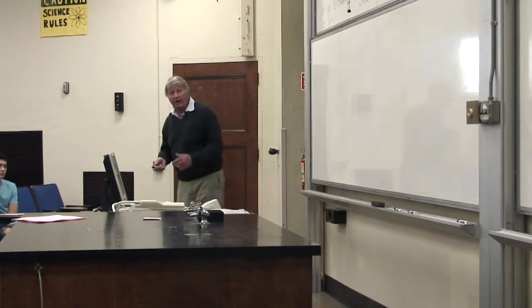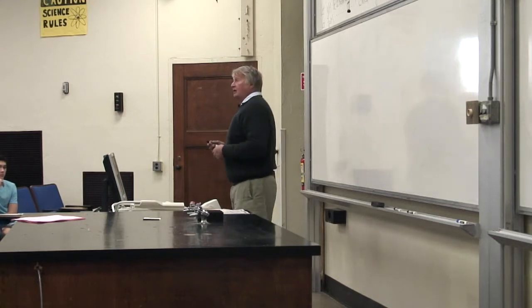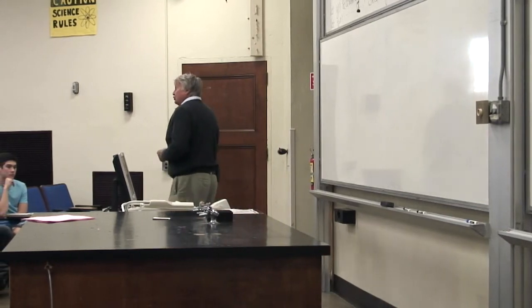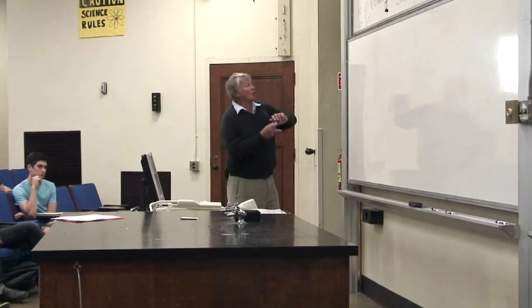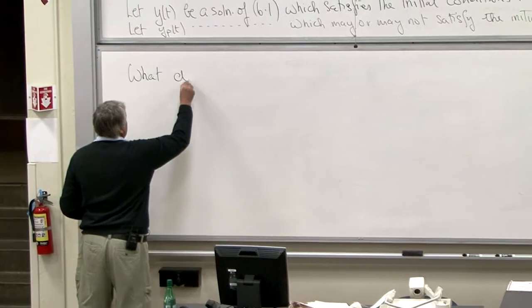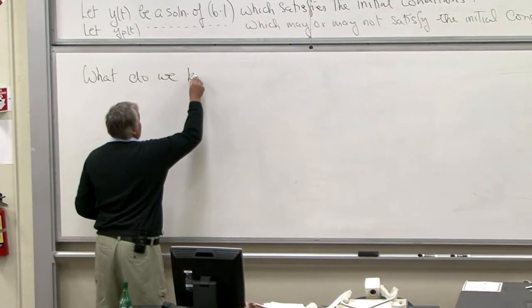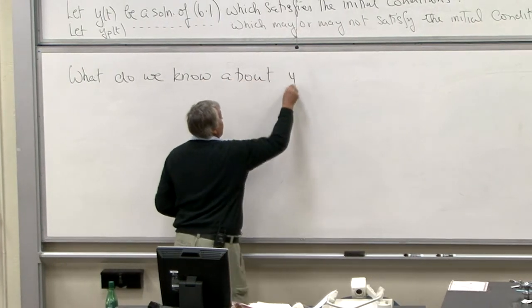All right? Now, y of t, the solution we want to satisfy the initial conditions, now we will construct using yp. Why? Because what do we know about y minus yp?